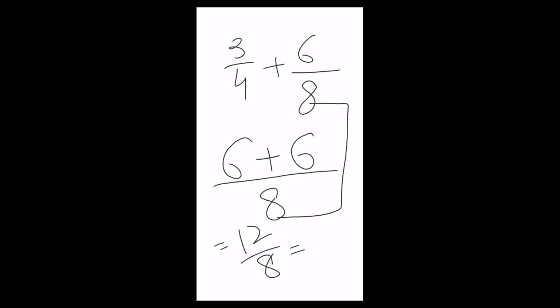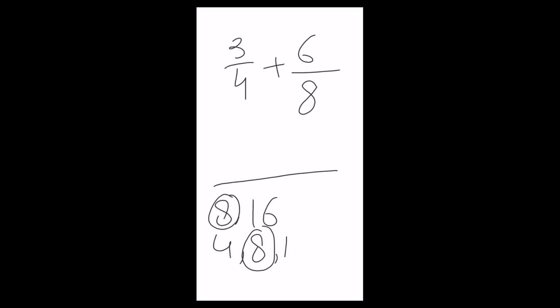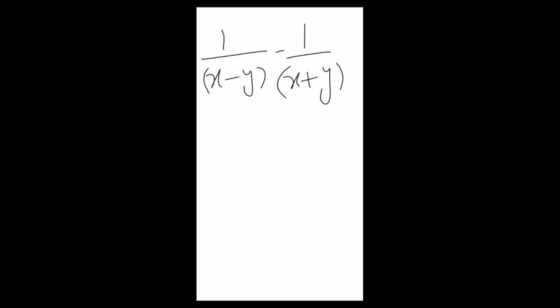Now similarly, we apply the same LCM method to the previous question. What was the previous question of the rational expression? Now you see x minus y and x plus y. You cannot make the multiples of variables. It's impossible.